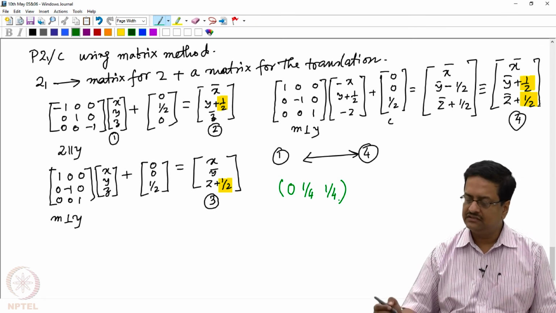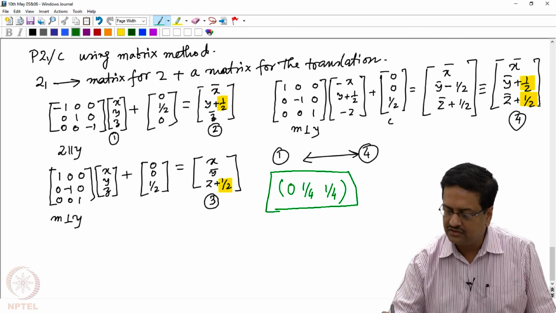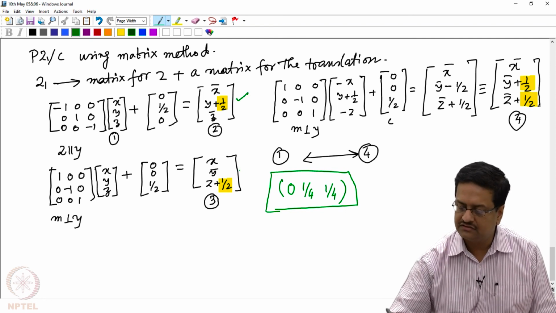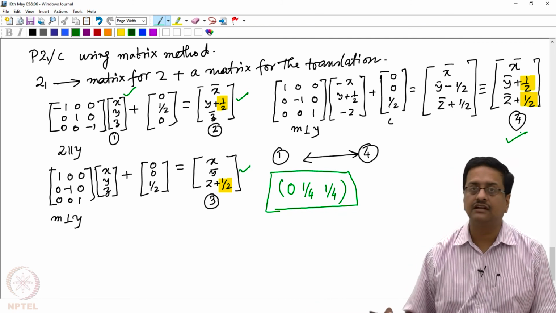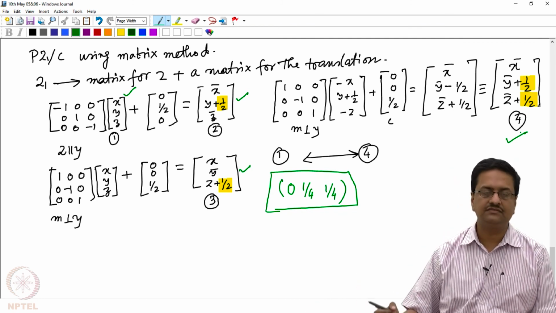So, from this we see that a new origin has to be chosen at 0, 1/4, 1/4, and all these coordinates need to be rewritten with that transformed coordinates using the origin transformed values.